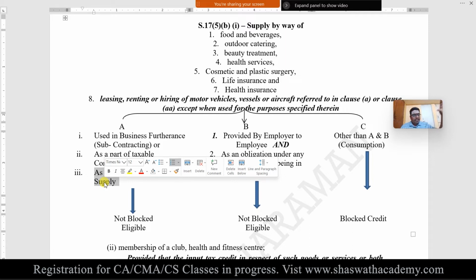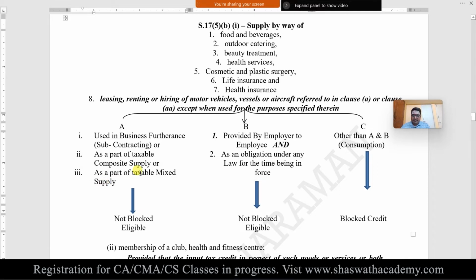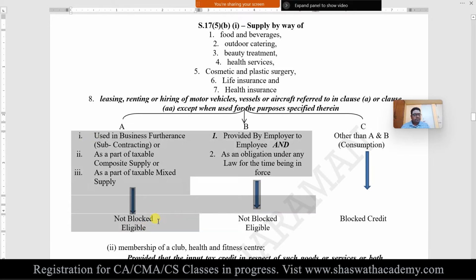I am conducting it in Leela Palace, a hotel, where I also provide them food. Is every class taken only with food? No. Does everyone who comes there expect food? No. So what is this, sir? Basically a mixed supply, but it's a taxable mixed supply. Then I am eligible. Not blocked.